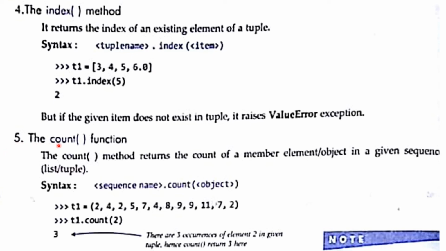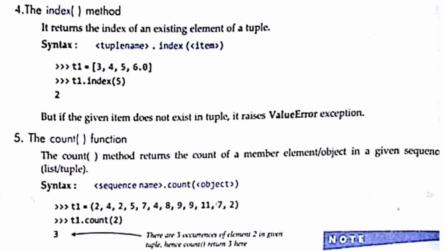The next is the count function. The count function returns the count of the number of elements or objects given in the list or tuple. It will tell you how many times a particular element is given in the list or a tuple. The same way as in the list, we can count particular elements given in the tuple.